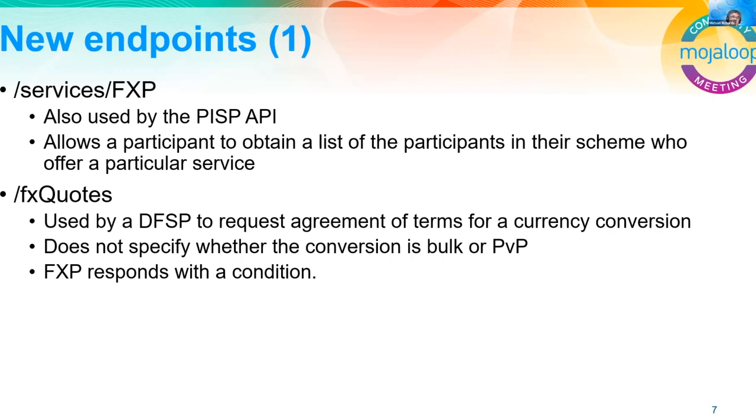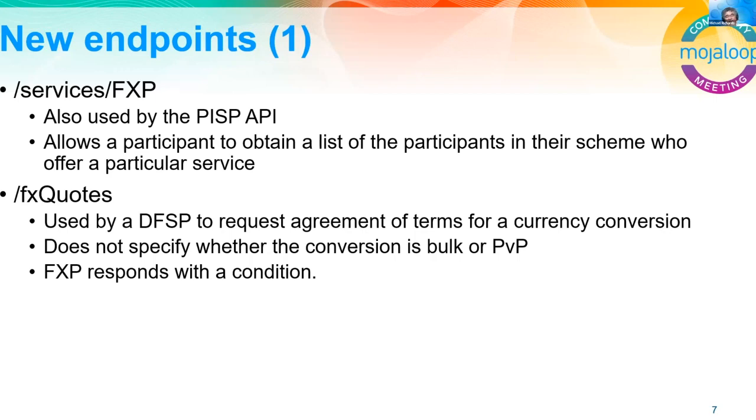Now, one of the things that scheme rules will have to do is ensure that the conversion is valid. The condition is valid for long enough to do the rest of the transfer.